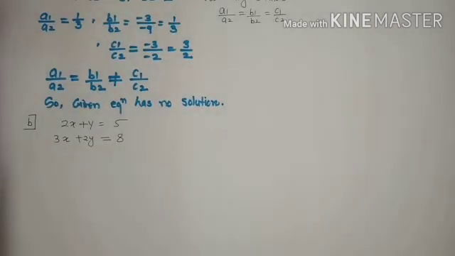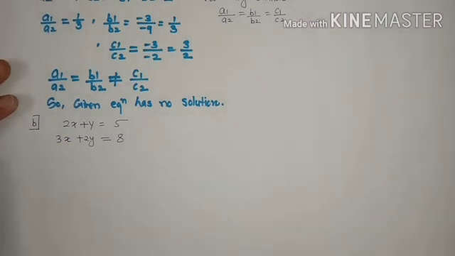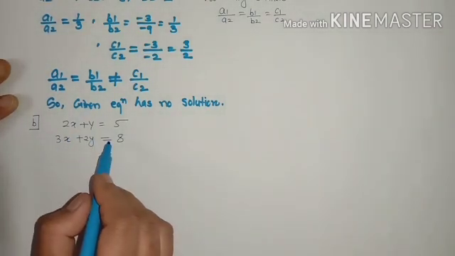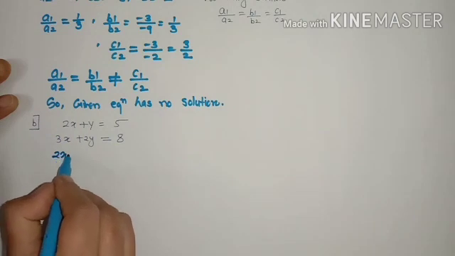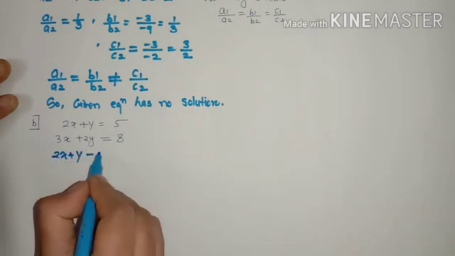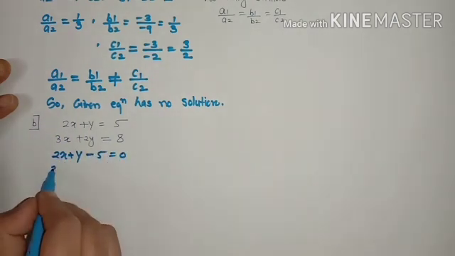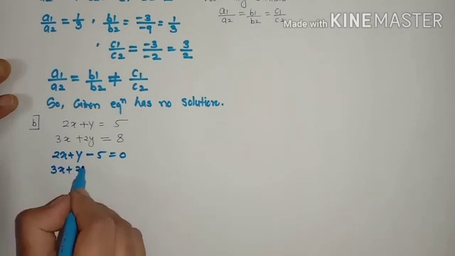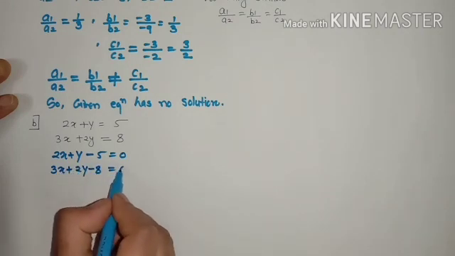The second part is 2x plus y equals 5, 3x plus 2y equals 8. Again we have to check whether the given pair of linear equations has no solution, a unique solution, or infinitely many solutions. So first we will convert the given equations into standard form. 2x plus y minus 5 equals 0. 3x plus 2y minus 8 equals 0.